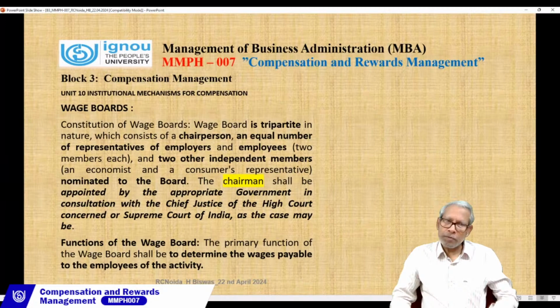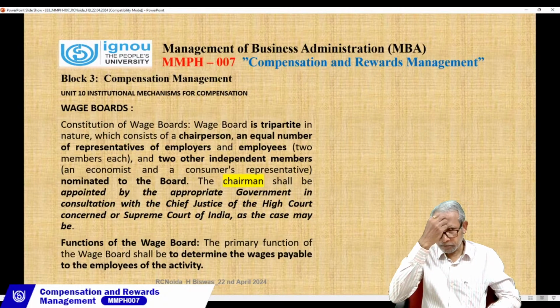The independent members may be economists or consumers' representatives, like this, and they should be nominated to the board. The chairman shall be appointed by the government in consultation with the Chief Justice of the High Court concerned or the Supreme Court of India, as the case may be. Accordingly, the chairman has to be fixed.